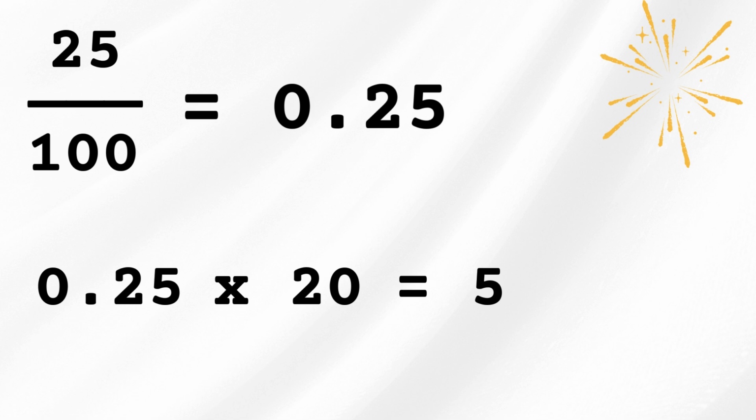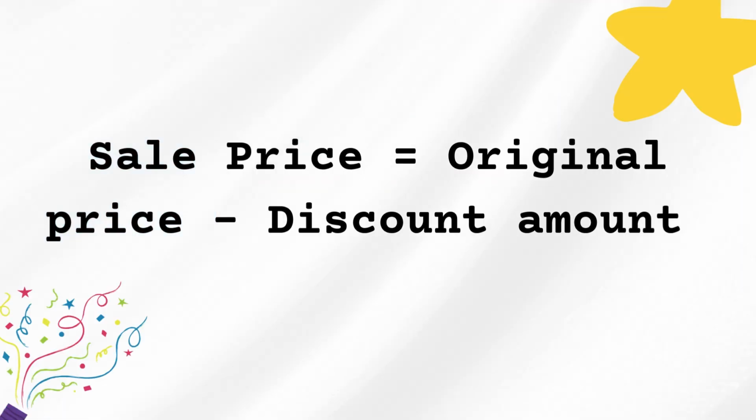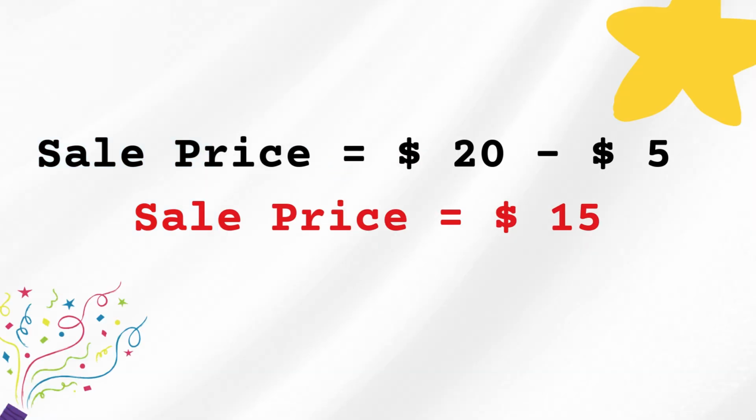Now we have to multiply the original price, 20, by the decimal, 0.25. So the discount on the shirt is $5. That's a great deal. Now let's calculate the sale price. To calculate the sale price, you just need to do the original price minus the discount amount. If you do that, you get your sale price. So in this case, we'll have to do 20 minus 5 equals 15.